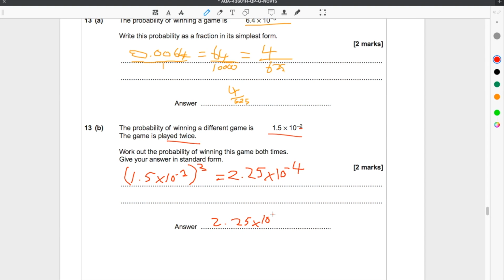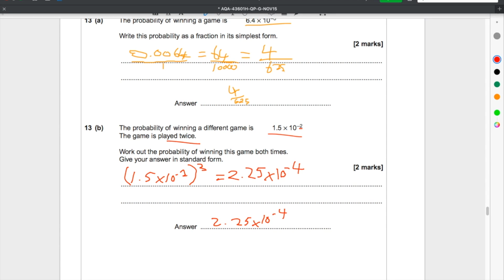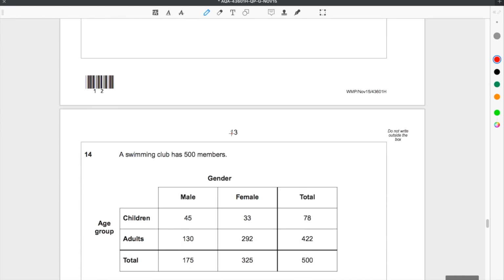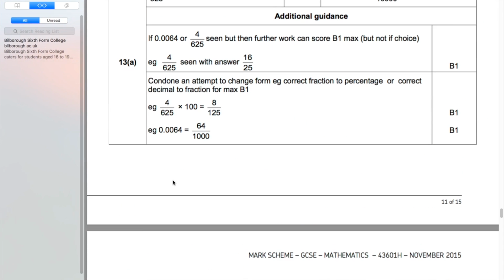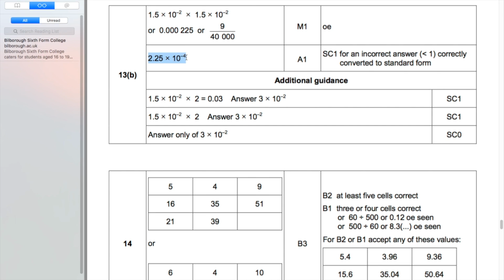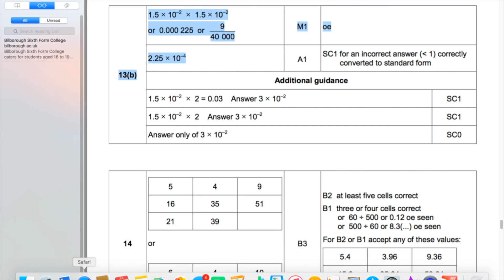Okay, so we multiply the numbers in front, 1.5 by 1.5, and then 10 to the minus 2 by 2. Because it's squared, and that's using our law of indices. Okay, question 14. In fact, let's check the mark scheme on that one, just to be sure. There's our answer. Okay. So that's our method mark, and there's our answer, which we show.